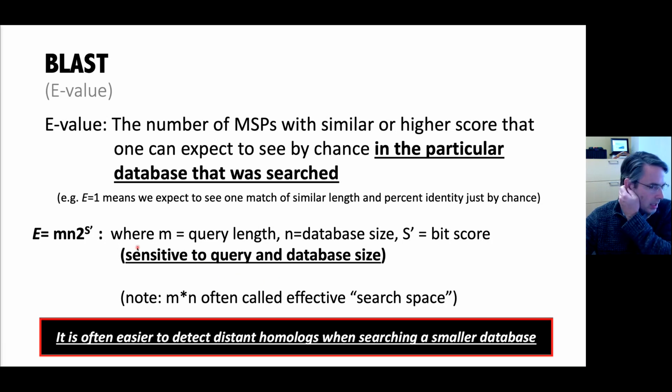So when we say that those e-values are calculated based on the query length, the size of the database, and the bit score. I'll talk about bit scores on the next slide, but you can think of it as the score for the moment.